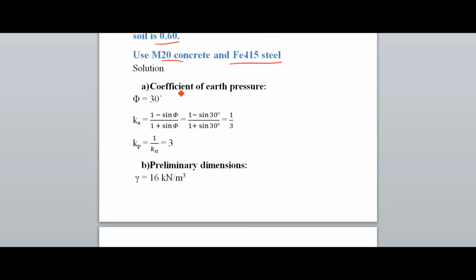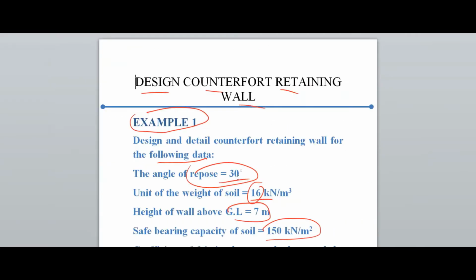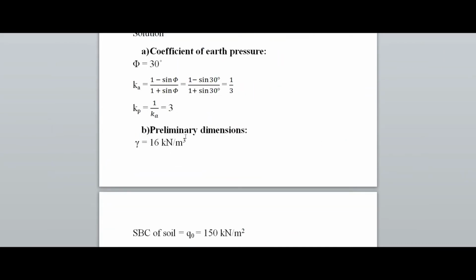First, the coefficient of earth pressure. We have to calculate the coefficient of earth pressure, where phi is 30, the angle of repose, which is given. Ka and Kp: we discussed these in the earlier lecture on the cantilever retaining wall.